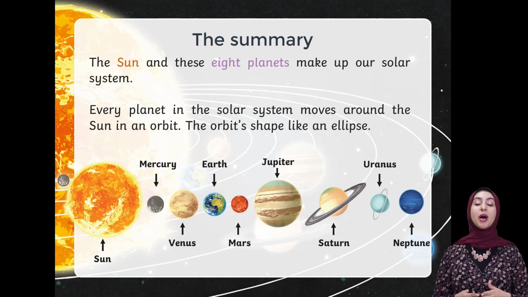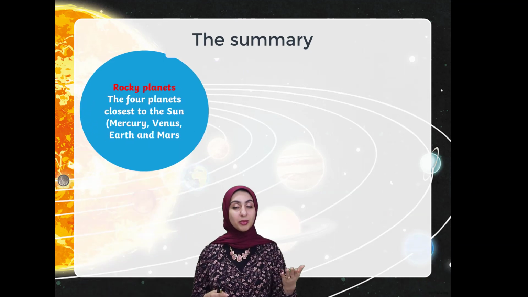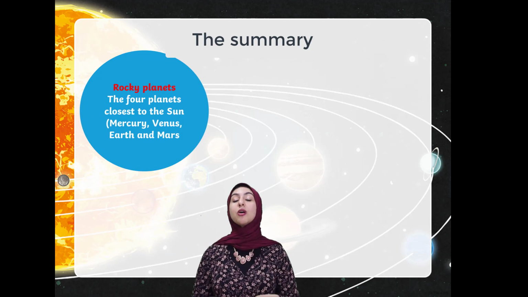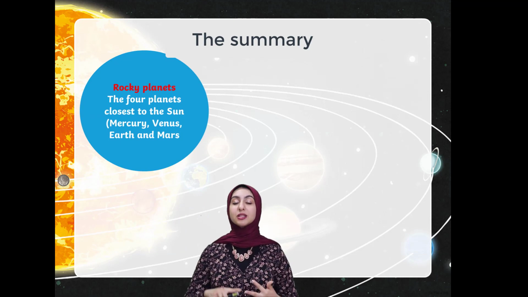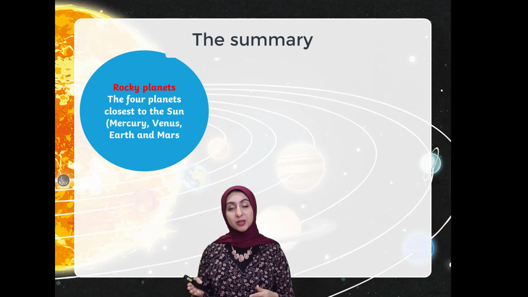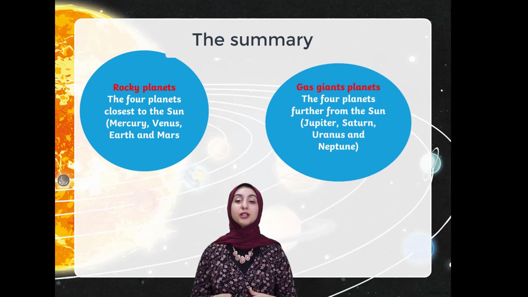And also we talked about two types of planets, which are rocky planets and gas giant planets. For the rocky planets, we said that there are four planets closest to the Sun, which are Mercury, Venus, Earth, and Mars. While the gas giant planets are the four planets farther from the Sun, which are Jupiter, Saturn, Uranus, and Neptune.